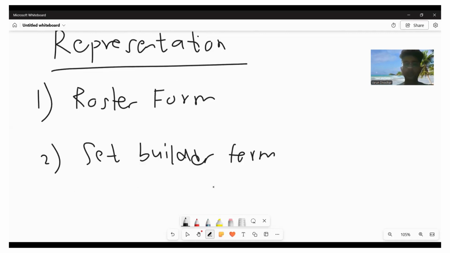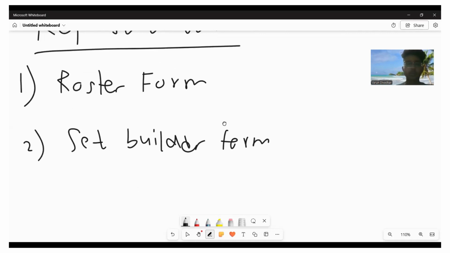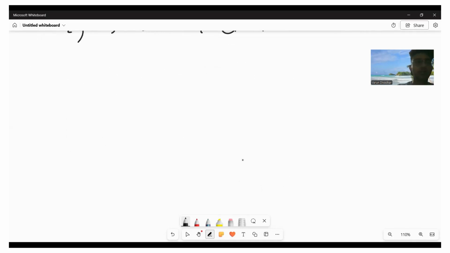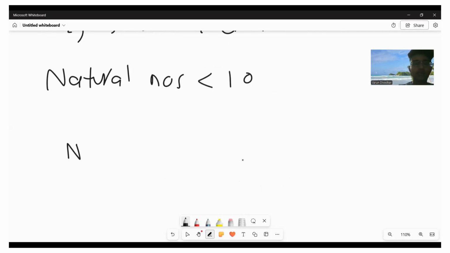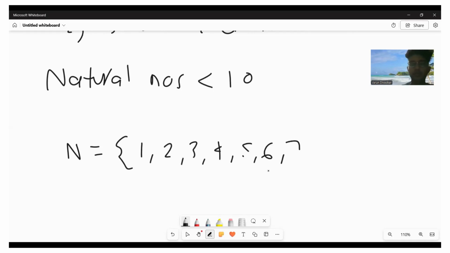So let's say we have a set of natural numbers less than 10, right? So how do you represent them in the roster form? Let's say n is a set of natural numbers where you just say n equals 1, 2, 3, 4, 5, 6, 7, 8, and 9, because it is less than 10, right?